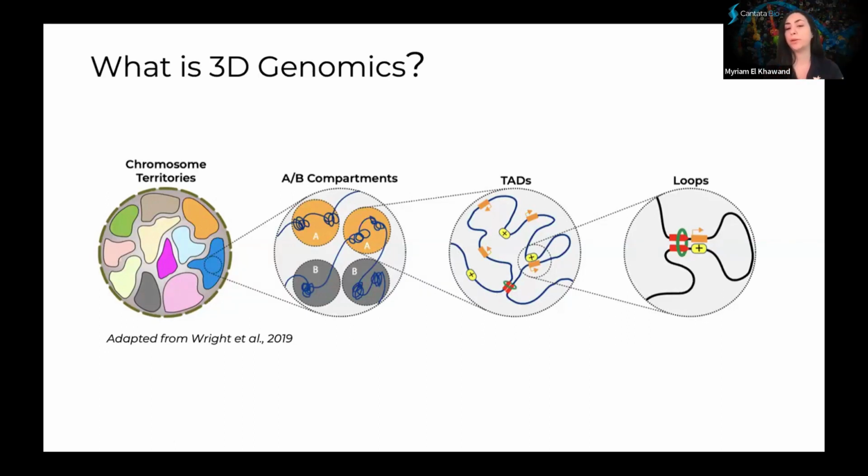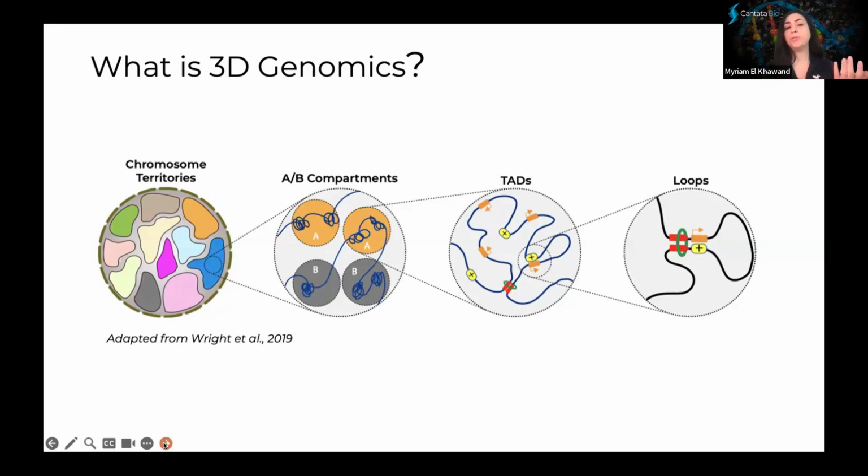So it helps with regulating gene expression. If you zoom in a little bit more, you see that you have these loops, and loops is actually this chromatin folding that brings together a regulatory element such as an enhancer with the promoter, and it recruits the transcription machinery, and then it activates gene expression.